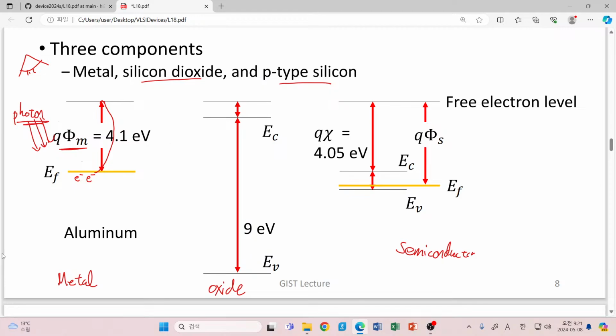Then now think about our semiconductor, P-type silicon. Then how can we also define a work function for this case? Can we determine the work function of this material? Yes, in principle we can.